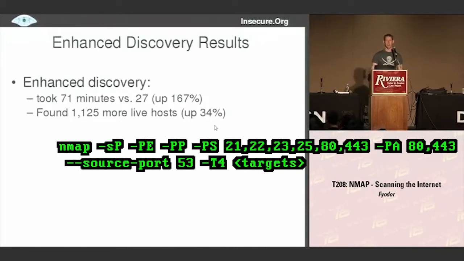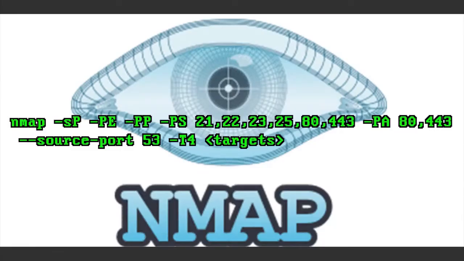This particular one is telling it to do handshake probes on ports 21, 22, 23, 25, 80 and 443, which is FTP, SSH, Telnet, SMTP, HTTP and HTTPS respectively. -PA, capitals, is the ACK discovery method, and that's what's going over ports 80 and 443 and 10042.